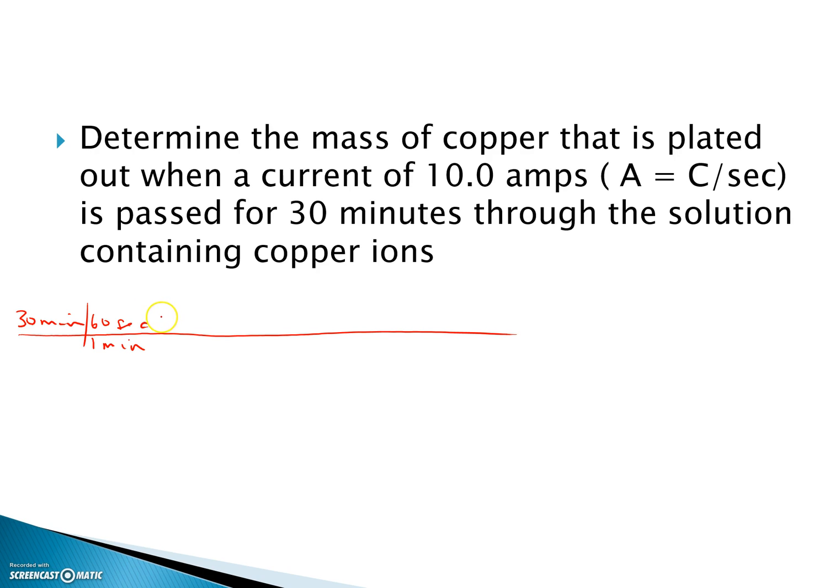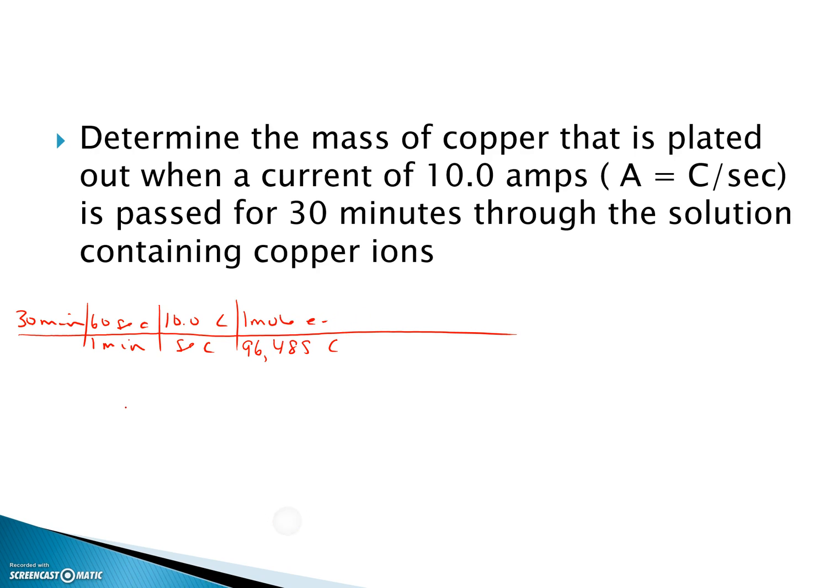We've got 10 amps of current, which means that we've got 10 coulombs per second flowing through our cell. Now we can go from coulombs to moles of electrons, because we know that there's 96,485 coulombs for every mole of electrons.